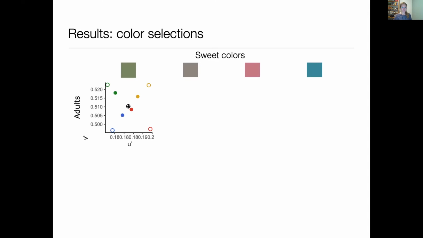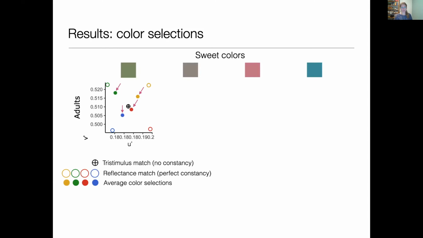Okay, I'm going to show you the results first, the color selections in a chromaticity diagram where U prime varies on the x-axis and V prime varies on the y-axis. The tri-stimulus match is shown with the black circle. If there is no constancy, the data should be close to the tri-stimulus match. The reflectance matches are shown with the open circles, and the actual data, the average color selections, are shown with the circles.